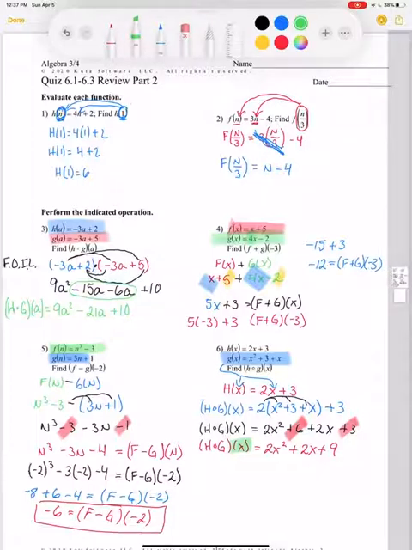No. It's just telling you that your answer should have an x in it, which is exactly right. There's an x here, an x here. It's just telling you, hey, at the end of this, you're going to have an x in your answer. Great. That's all that means. I just want to make sure we're clear on that. Okay, so that's our answer. H of g of x equals 2x squared plus 2x plus 9.